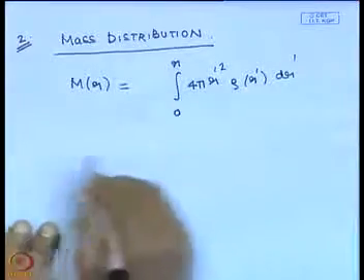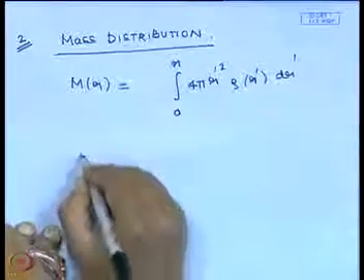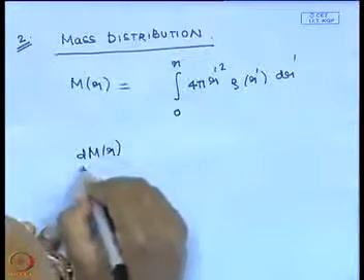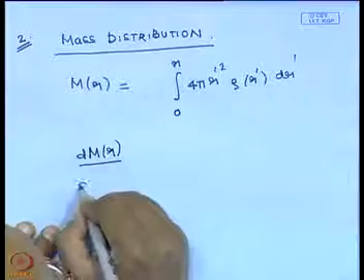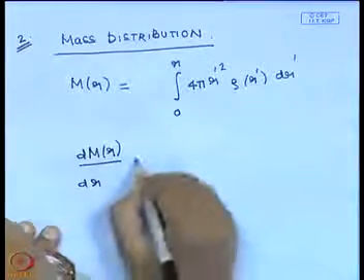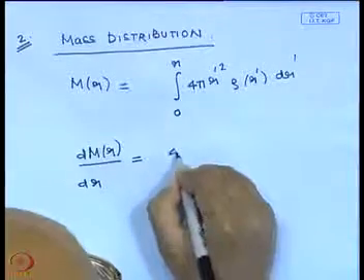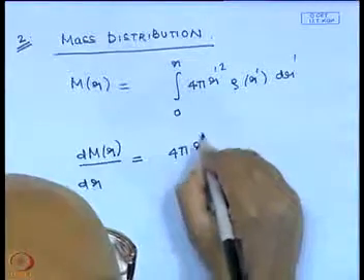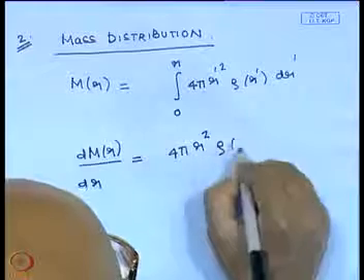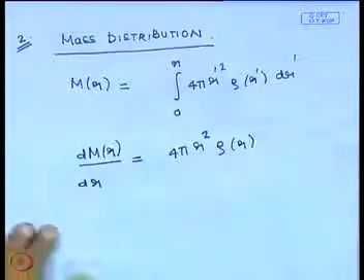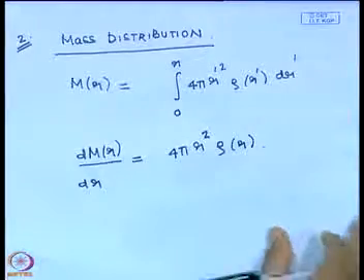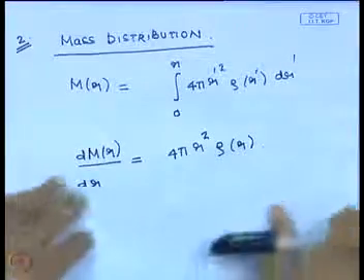So, this equation can also be written in differential form, which is d m(r) by dr equals 4 pi r square rho of r. So, this is the equation that governs the mass distribution.